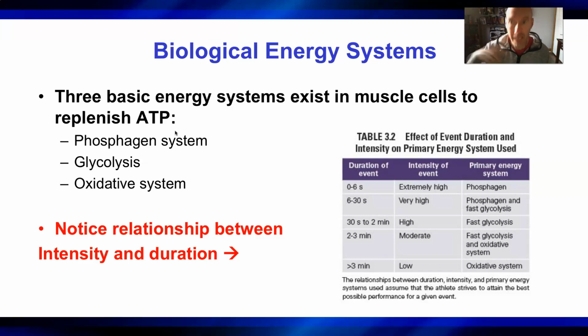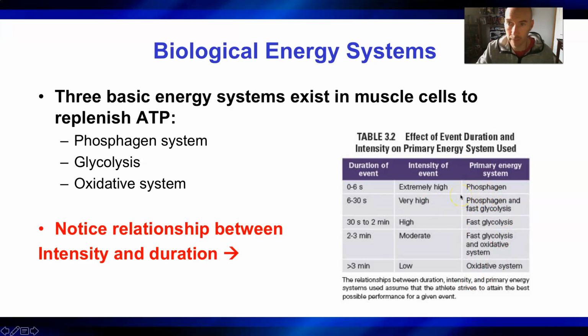So my body's going to have to start producing or supplying more ATP, okay? Now, this chart is very handy because it shows us that with activities of different durations, we're going to rely on one or more of these energy systems, okay?